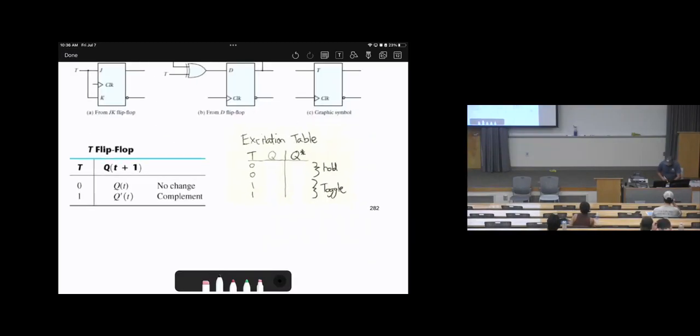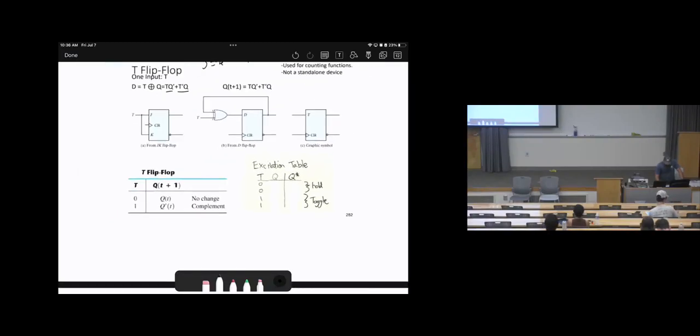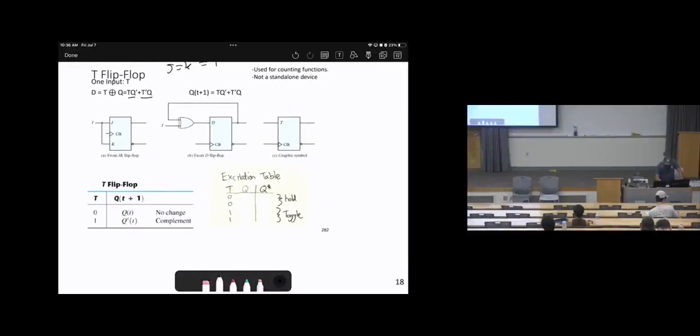So the execution table, it's T and Q. So basically, we can say if T equals 0, we have T Q bar plus T bar Q. This is Q star. So we can say Q star, if T equals 0, this will make Q star equal to Q, which is hold.